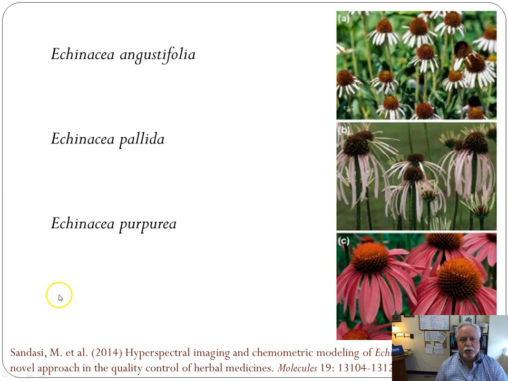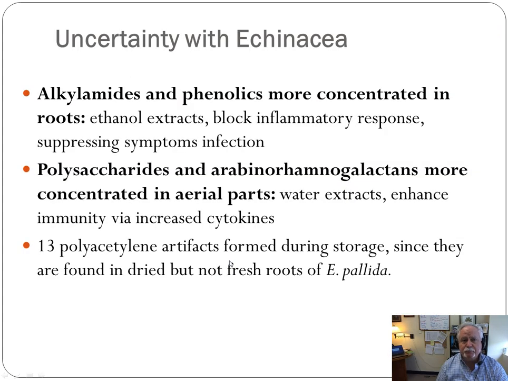And what's interesting is we also look at it from the point of view of at least 3 major species in trade. And you can see the angustifolia at the top, pallida in the middle, purpurea at the bottom. And we also look at it from the point of view of using the aerial portion, stems, leaves, flowers, versus roots. So it's a complex medicine in many respects.